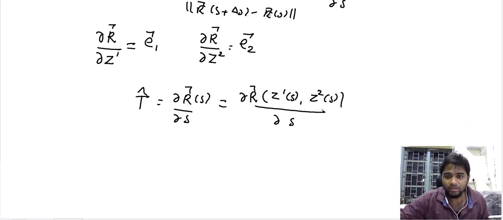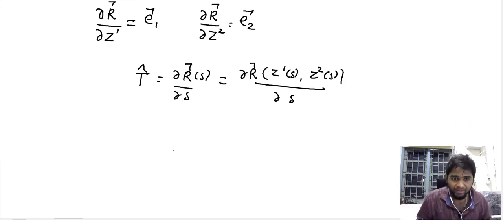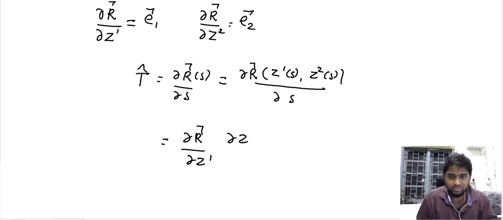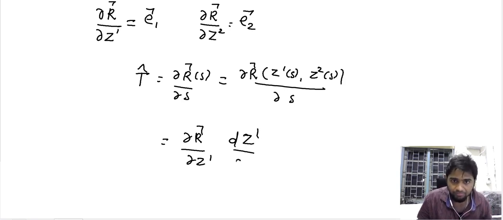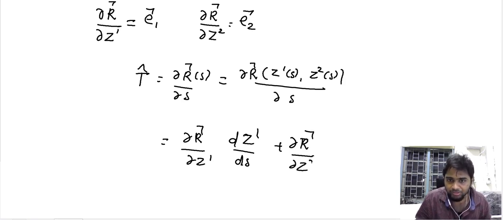And now the chain rule can be applied. So essentially it would mean the partial derivative with respect to z1, times dz1 by ds, which is not a partial derivative but the ordinary derivative, plus the partial derivative with respect to the second coordinate.